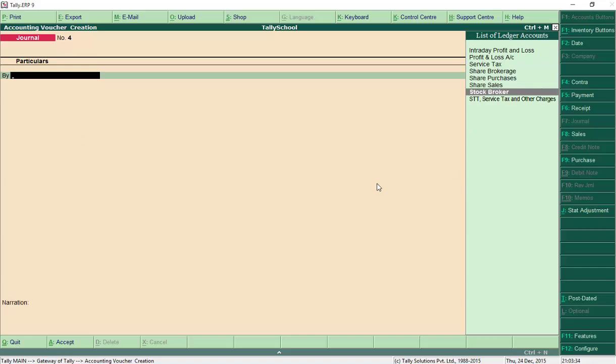If you do not know how to create all these accounts, I've already explained them in another video which I just uploaded. If you're watching this video after some time, I've linked to that video in the description, and it will also display on the screen here. It is the video on stock market entries in Tally as a trader.